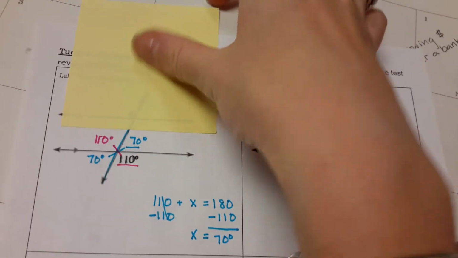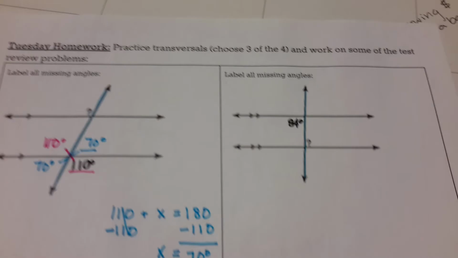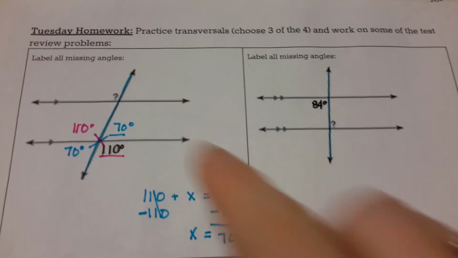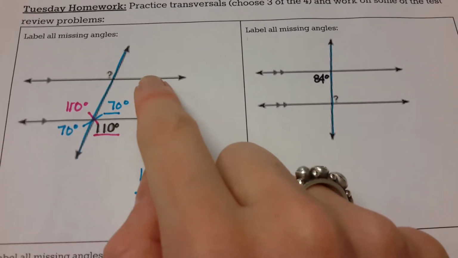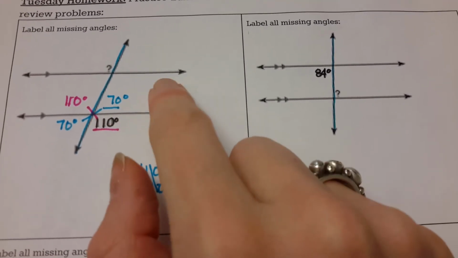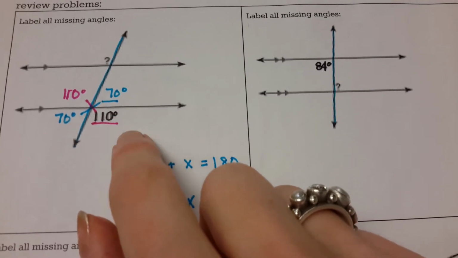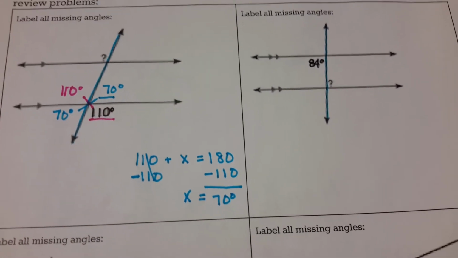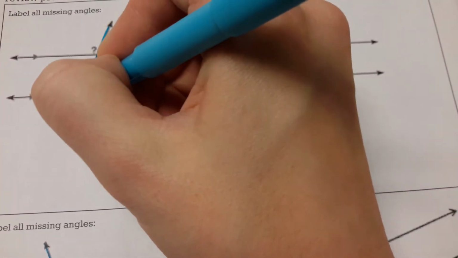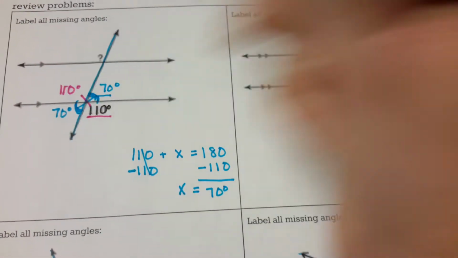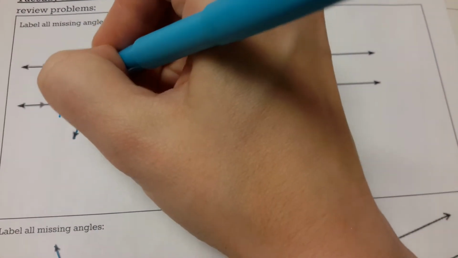If we take this sticky off and look at the top half of our problem, we have another set of 4 angles. Because these lines are parallel, all of these angles are congruent to the angles below. So I have acute angles here notated with blue, and I also have 2 acute angles on the top.